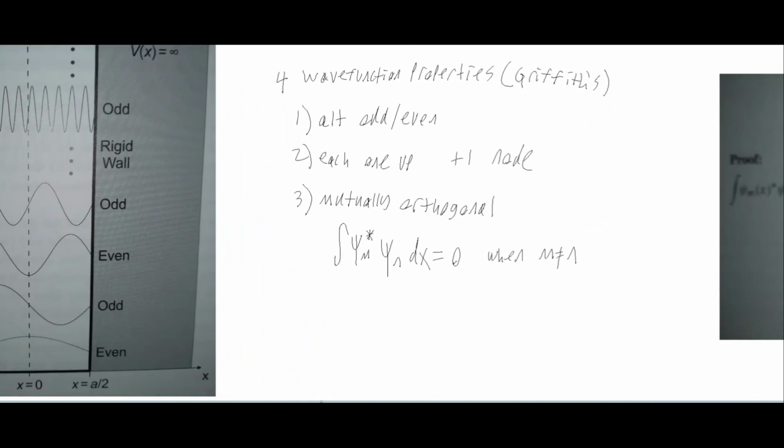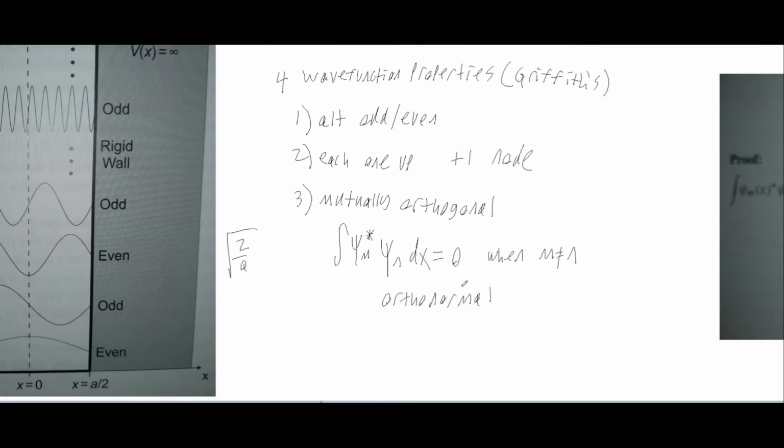And that tells you that they are orthogonal. And because we normalized it, which I spent a bit of time on earlier in the video, where we ended up getting that 2 over a thing, we can actually say that because this is orthogonal and we normalized it, it is orthonormal.